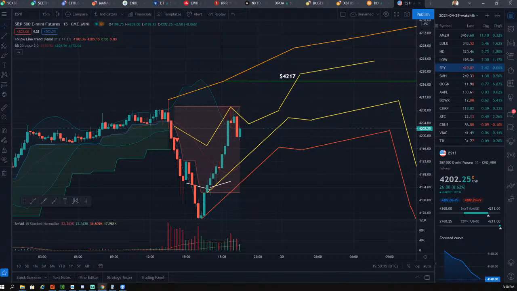Boom. Big red wick just popped down. It's getting bought back up, but they are struggling right now.